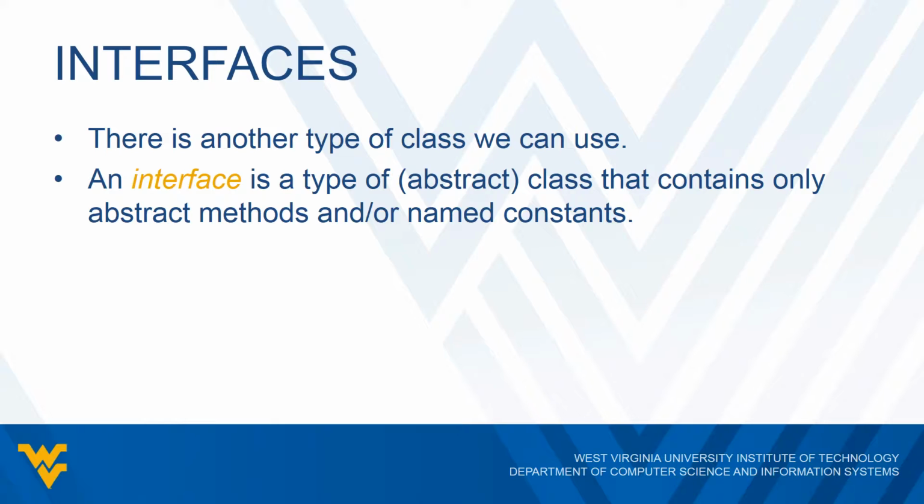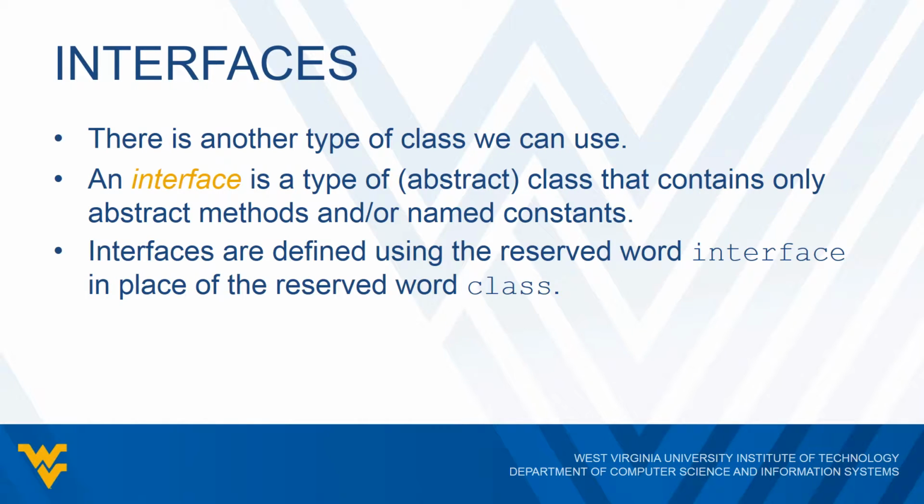Now, how do we actually distinguish between an interface and an abstract class in Java? Well, what we do is we use the reserved word interface instead of the reserved word class. So we would say something like public interface and then some name instead of public class some name. Now you might be asking, why didn't you just include the word abstract in that example?